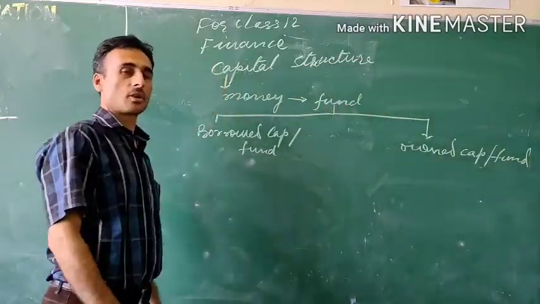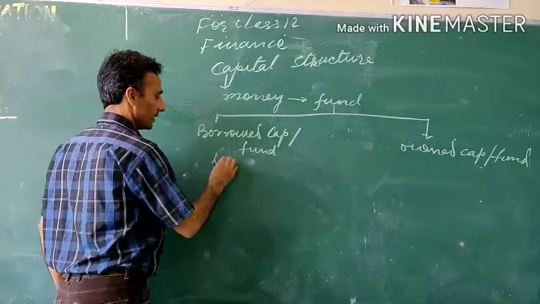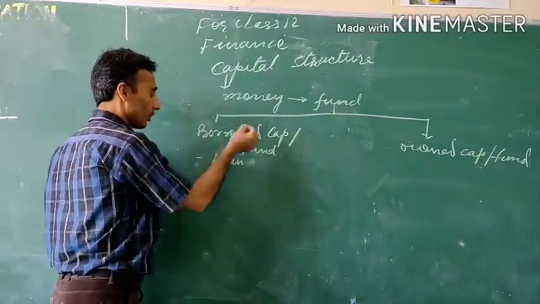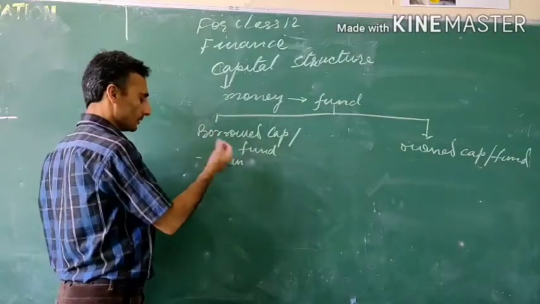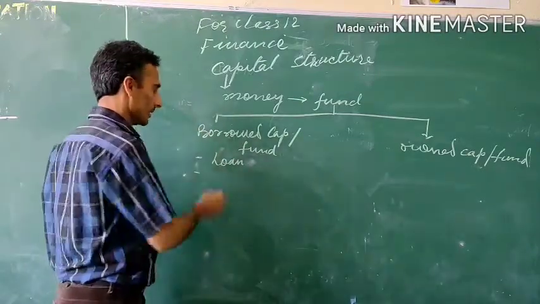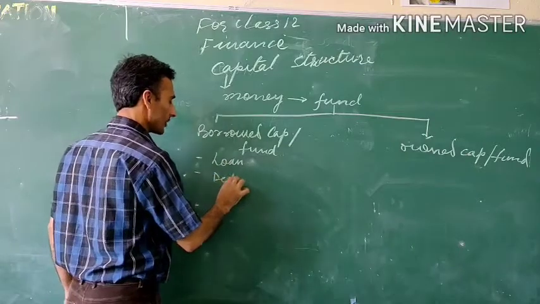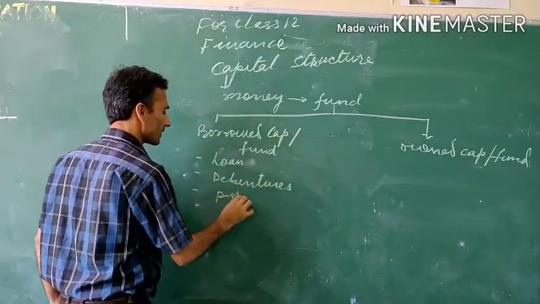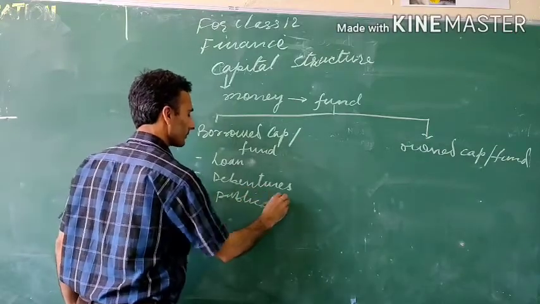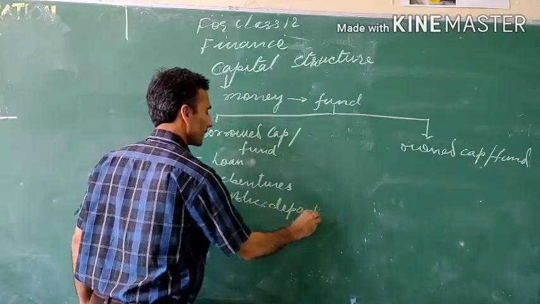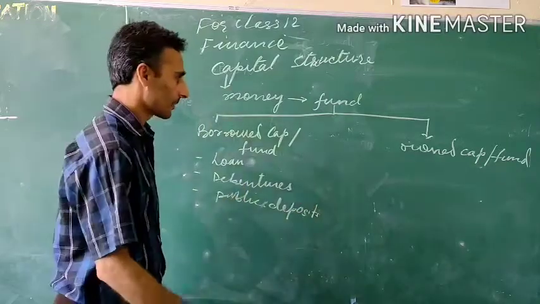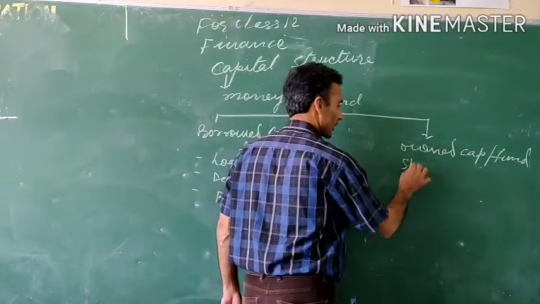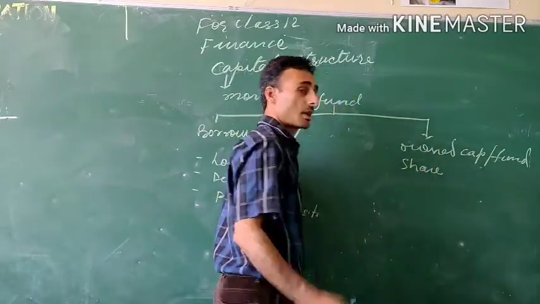Borrowed capital is also known as loaned capital. It is a loan taken. So borrowed capital will include the sources of capital like loan, debentures, public deposits, and so on. Whereas your owned capital includes shares.